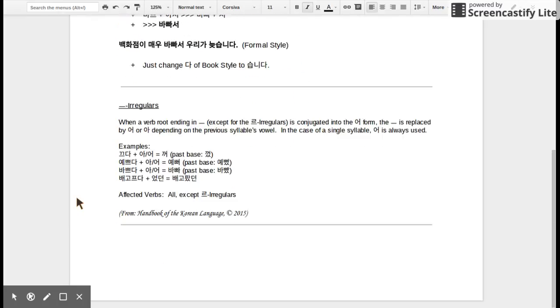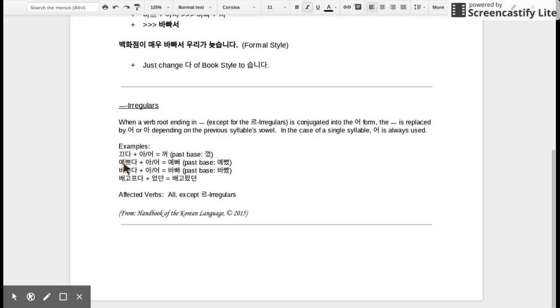Now let's look at the irregular rules. This is from my book directly. I cut and paste. Now, this only applies when you're conjugating to the ah or eo form, and it doesn't apply to irregular verbs. Otherwise, if a verb ends in this, it applies. The irregular verb is another class.